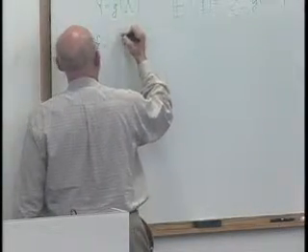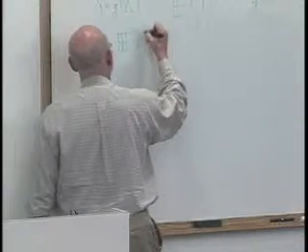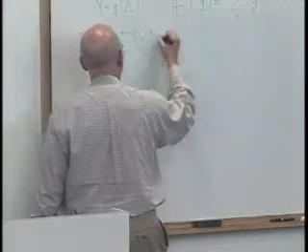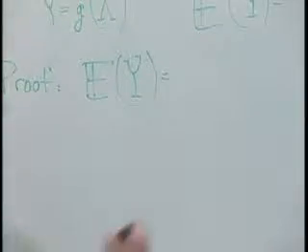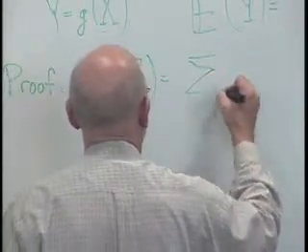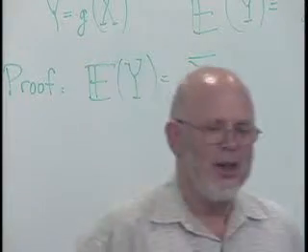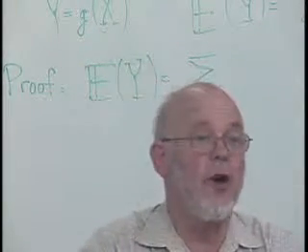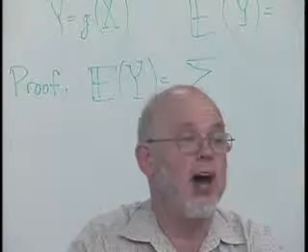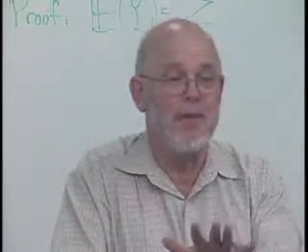So here's the proof. If we want to calculate the expectation of y according to the definition of expectation, we're supposed to do our sum over all the values that can be achieved by y.